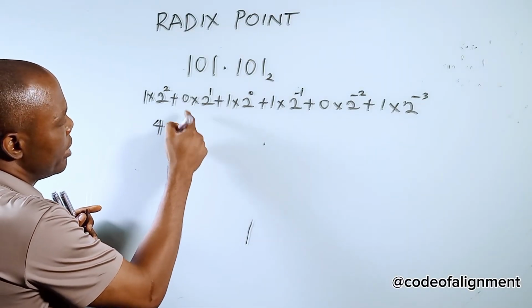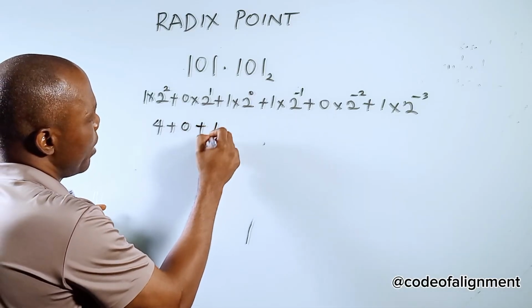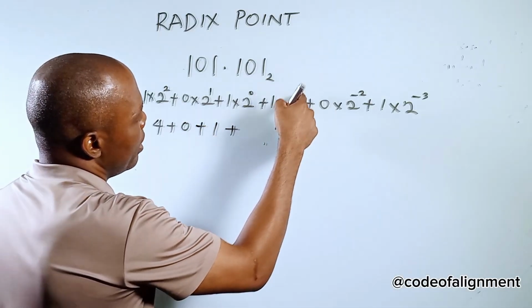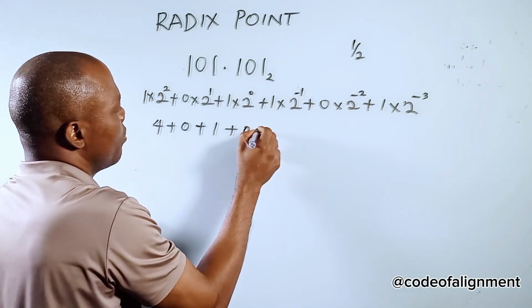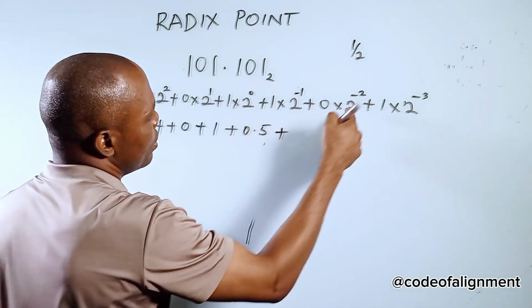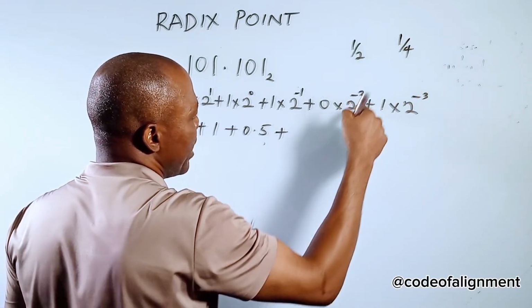Now, if I am to convert this to decimal, this will simply give me 4 plus anything multiplied by 0 is 0. So 0 plus this is 1 plus 1 over 2. That will give me 0.5 plus 1 over 4. That is 2 raised to the power 2.